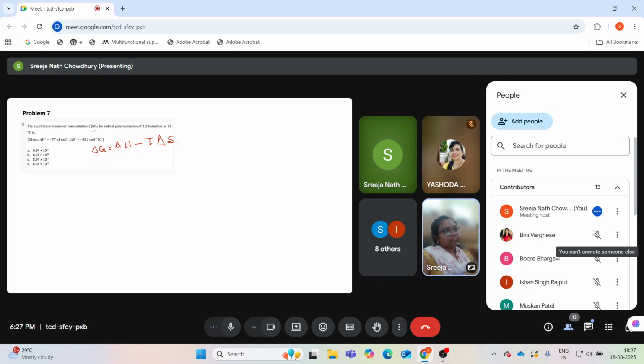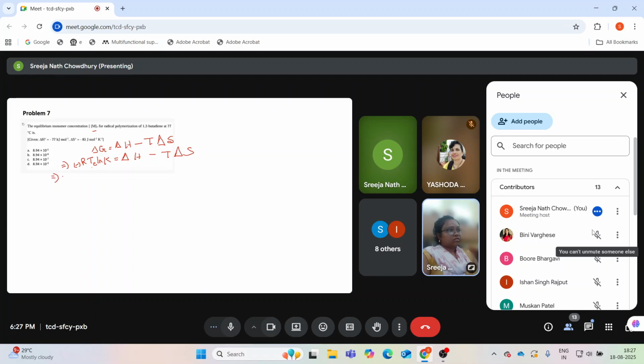So minus ln K is equal to delta H by RT, Tc or T, whatever we can write, minus T delta S by RT. T cancels out.